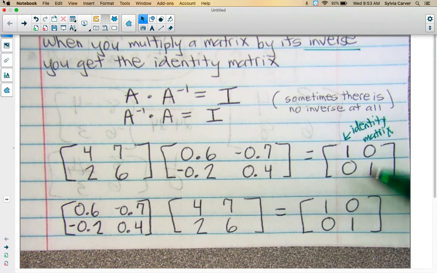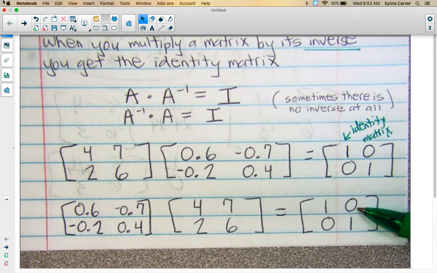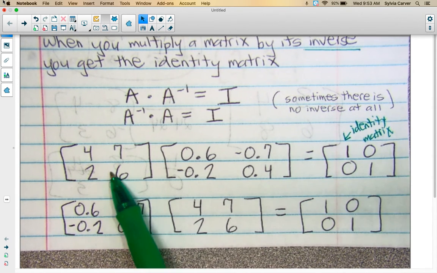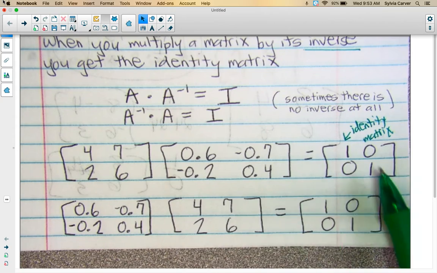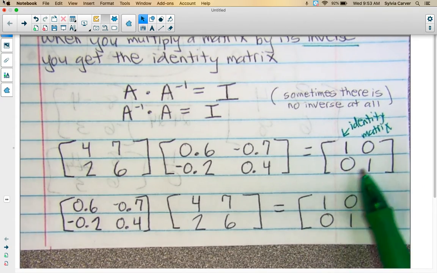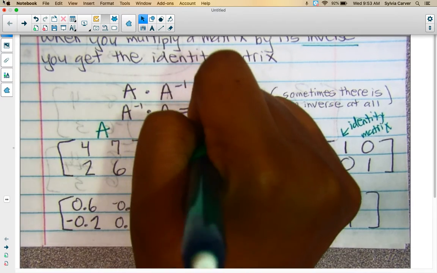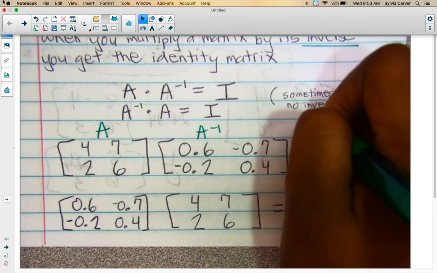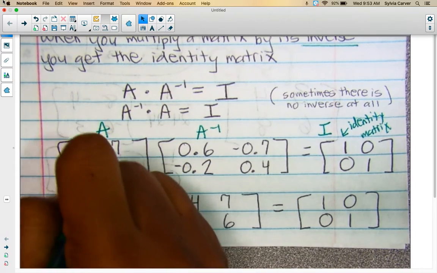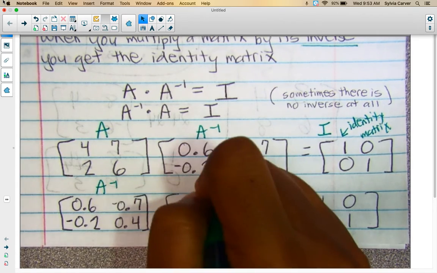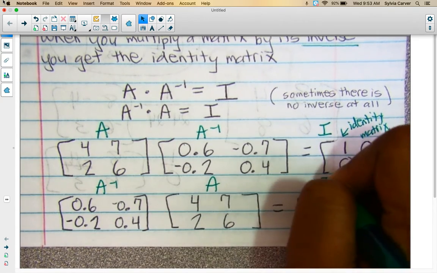This identity matrix is like the number 1. So if 1/4 times 4 equals 1, a matrix times its inverse equals I.